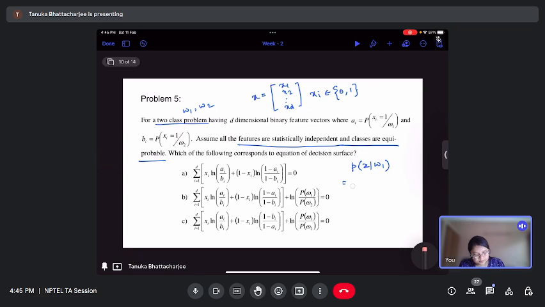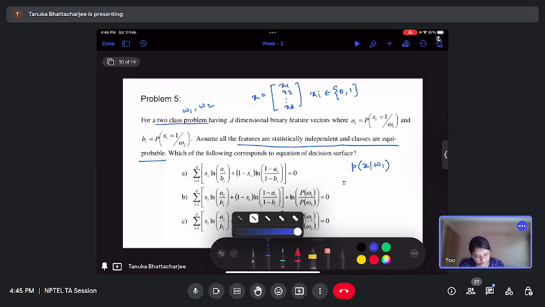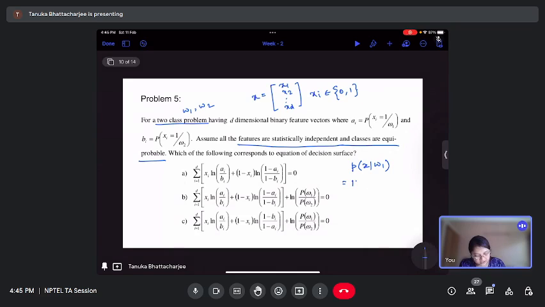So you can break down probability of x given omega 1 as the product of probability of xi given omega 1 for i equals 1 to d. Their joint probability will just be the product of their individual probabilities.